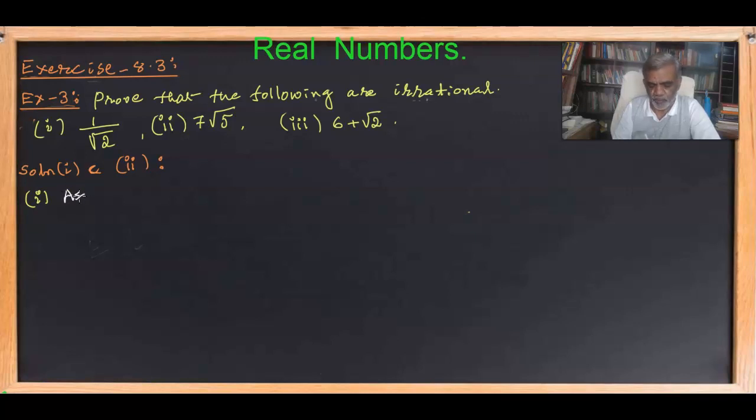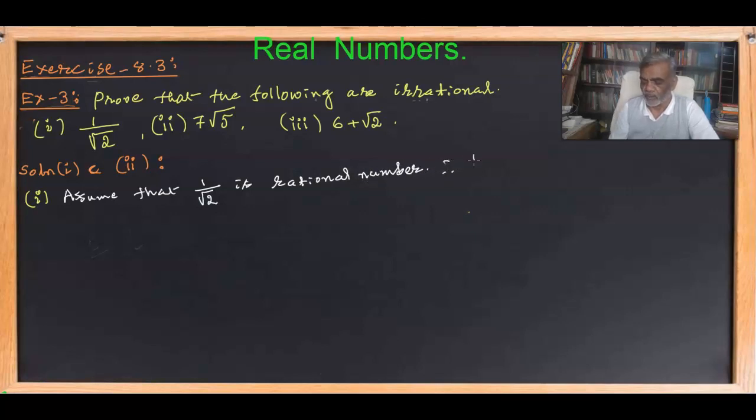Assume that 1 by root 2 is a rational number. Therefore, 1 by root 2 can be written as a by b, because we have assumed that 1 by root 2 is a rational number.